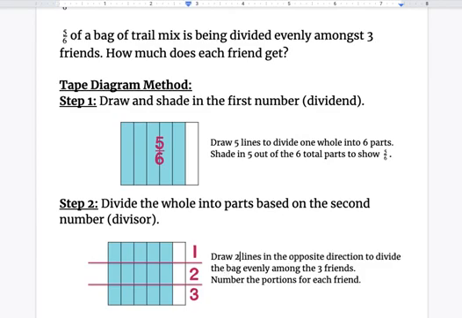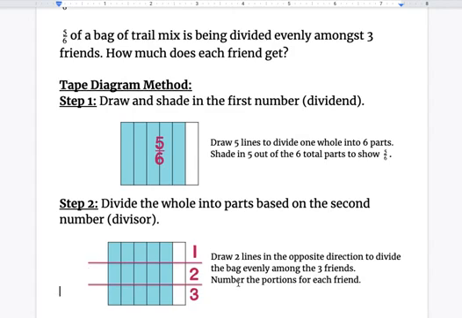And we're going to draw 2 lines, 1, 2, in the opposite direction to divide the bag evenly amongst the 3 friends. I also numbered the portions for each friend so I can keep track of friend number 1 and how much they're getting, friend number 2 how much they're getting, and friend number 3 and how much they're getting.